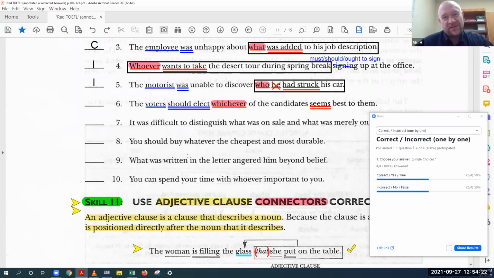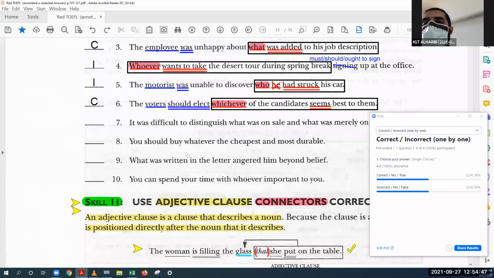Yes, it's a state verb. So where is the noun clause? Whichever of the candidates seems best to them. All of that. So guess what? The sentence is correct.